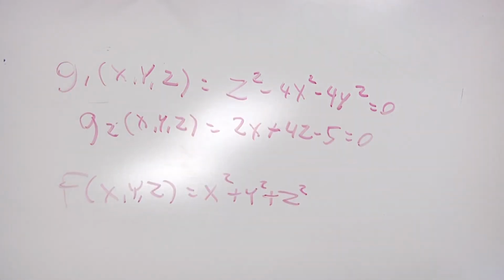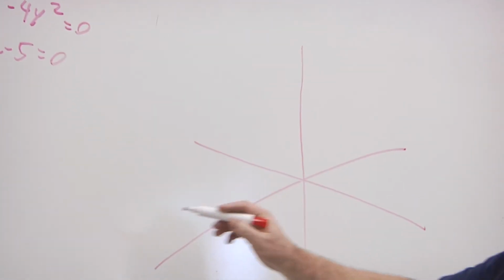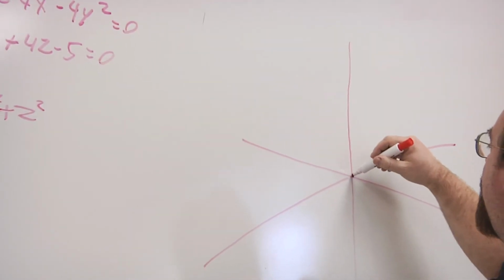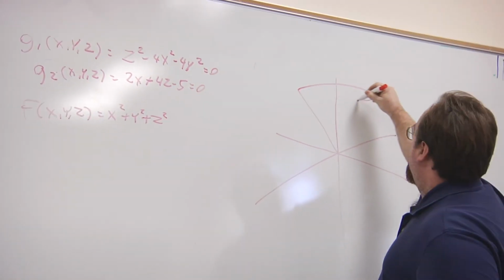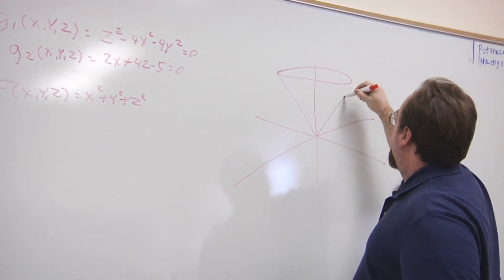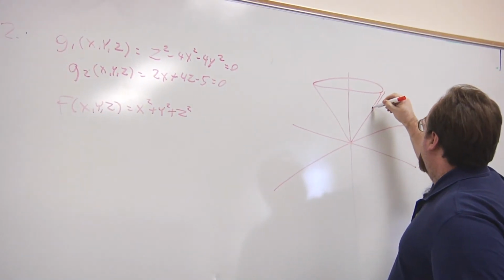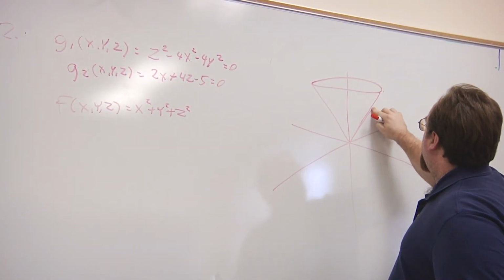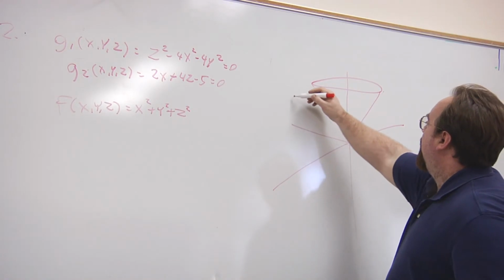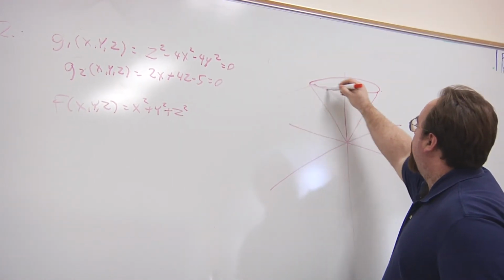So to visualize what's going on here, this first equation describes a cone. And the second one describes a plane that's going to cut through the cone.